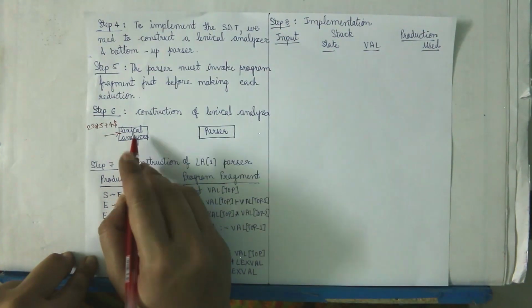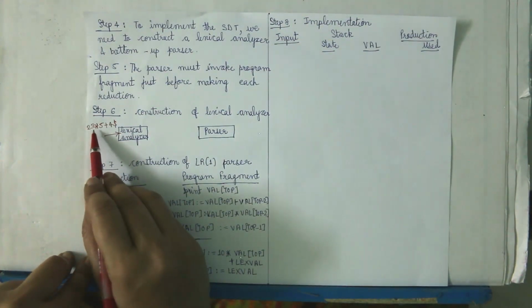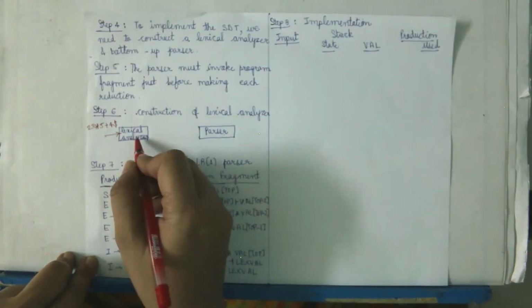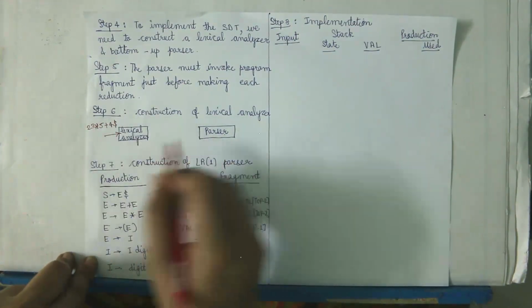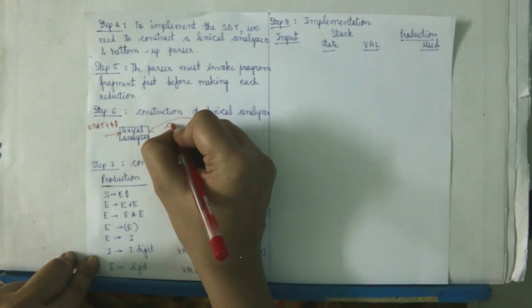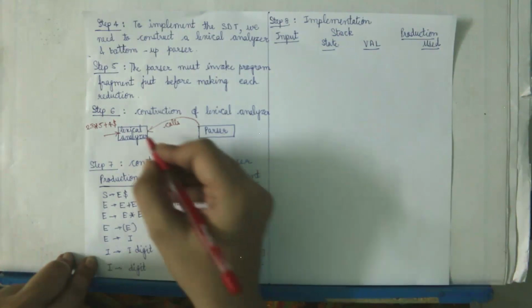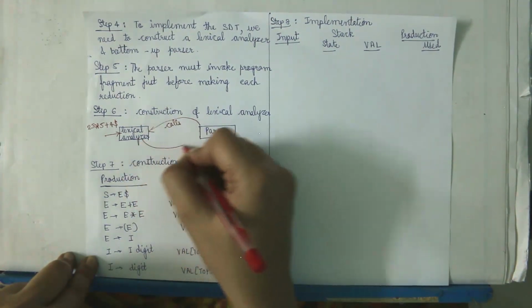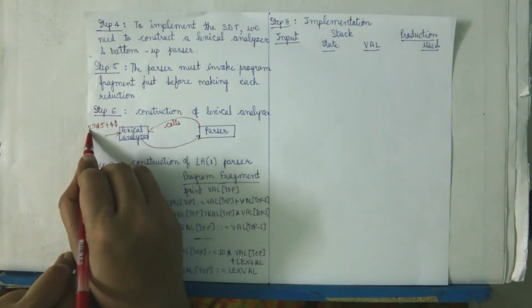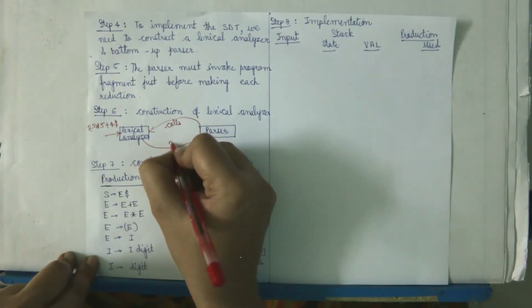Job of lexical analyzer is to identify tokens and pass them to this parser. So it can be done all at once or one by one. So the parser can call this lexical analyzer, and whenever it calls, the lexical analyzer will give the token. So first token is not only 2, it is 2, 3, which is 23.